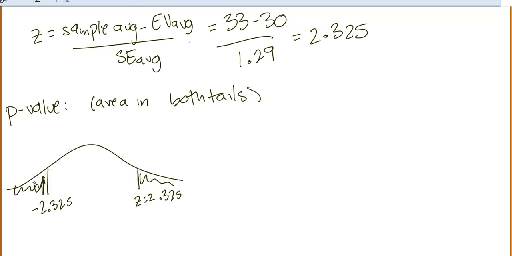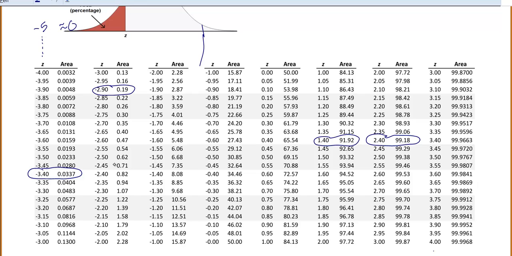Now this area to the left, that one's easier to look up on the normal table. So negative 2.325, looks like it's in the middle of these two values, so I'll just pick one. I'm going to pick this one right here and say that that area to the left is 0.94%.